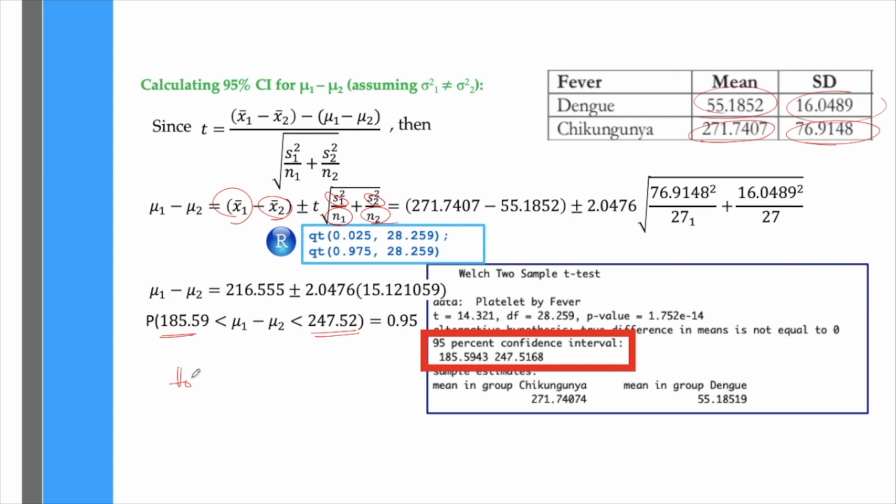Again, since our null hypothesis implies that the mean difference is 0, or in other words, the means are equal, and since this 95% confidence interval does not include 0, that's why our null hypothesis was rejected. So that's why our claim was in favor of the alternative hypothesis, mu1 is not equal to mu2.